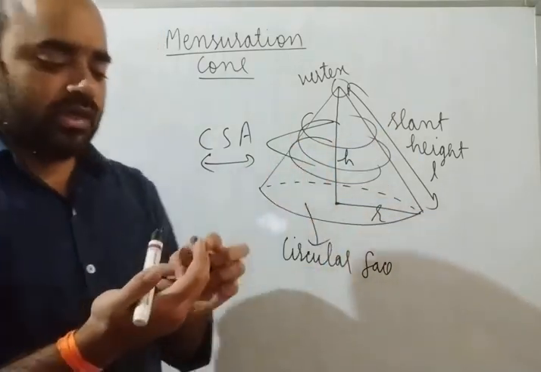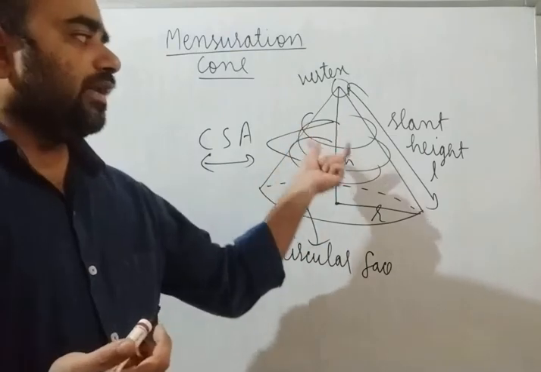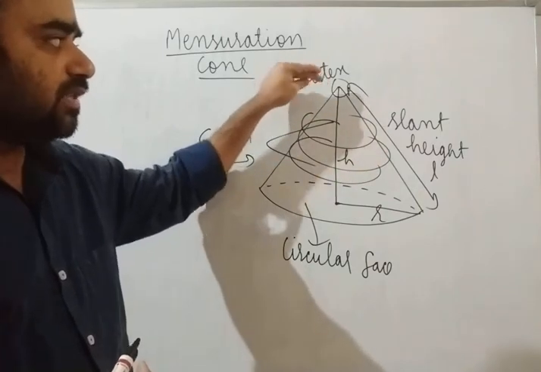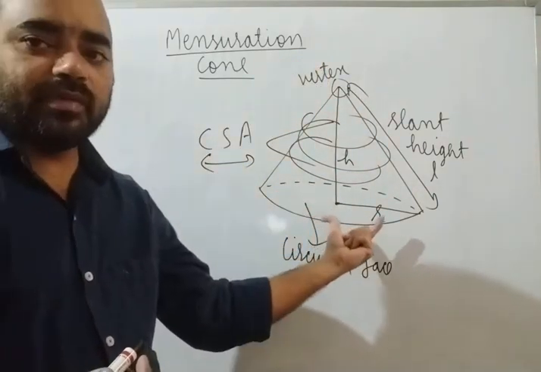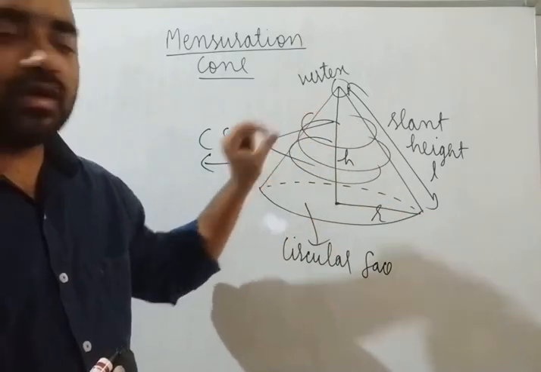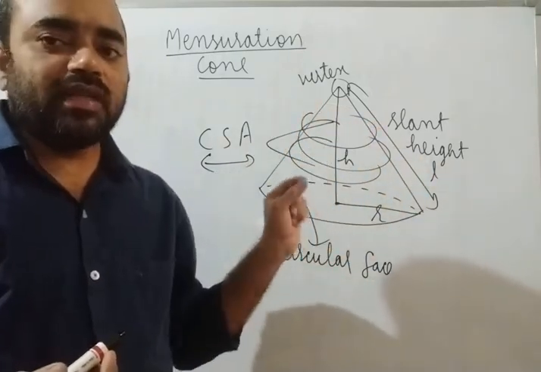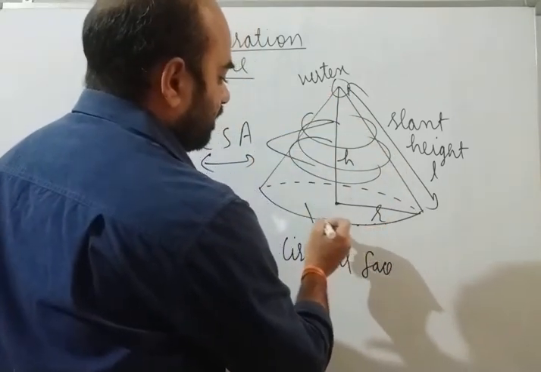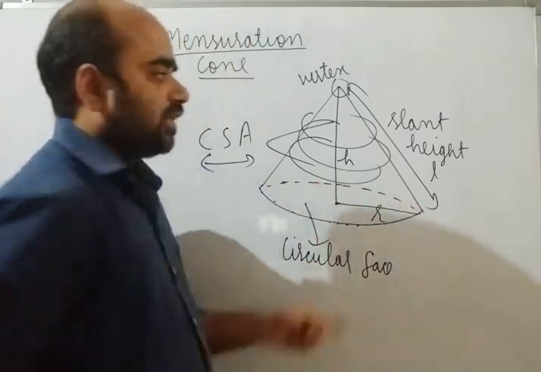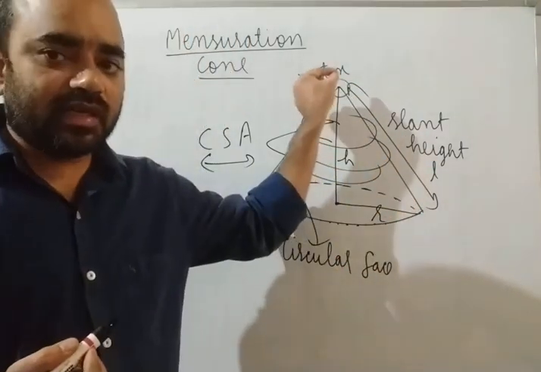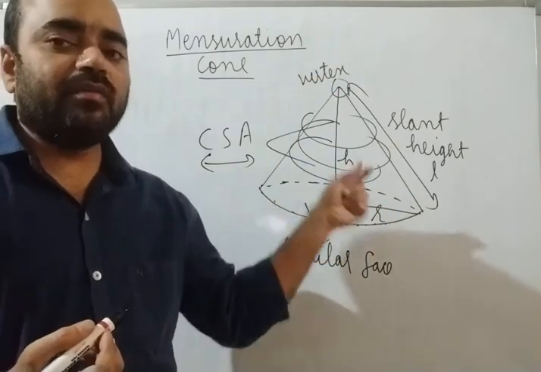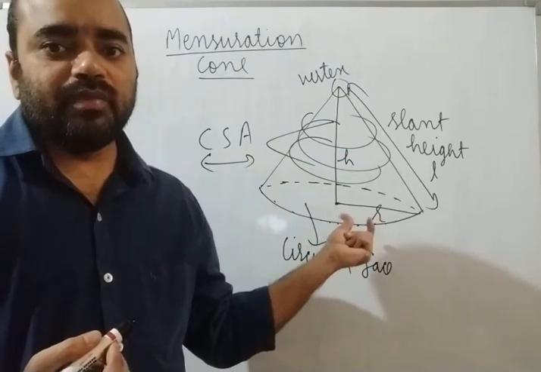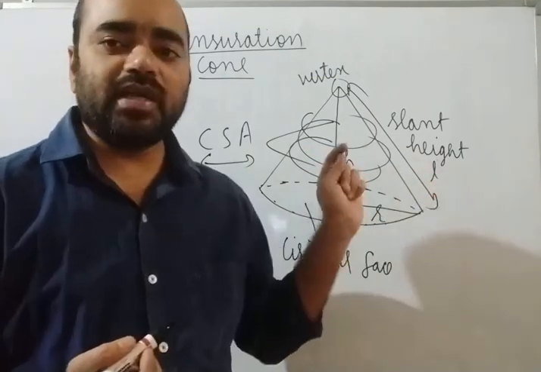We will calculate. So what are the quantities we are having? In a cone, vertex is there, center is there, and the perpendicular distance between the vertex and the center of the circular base is called height, that is h. One another height is also there, the distance between the vertex and any point on the circumference of the circular base, that is called slant height, represented by L, and radius.